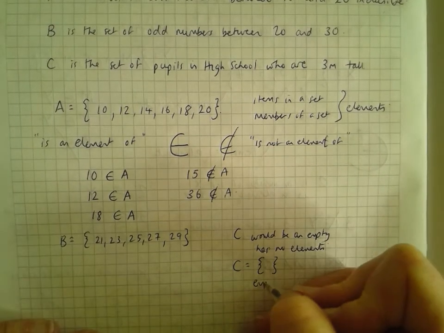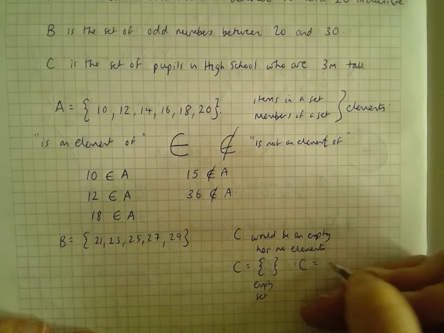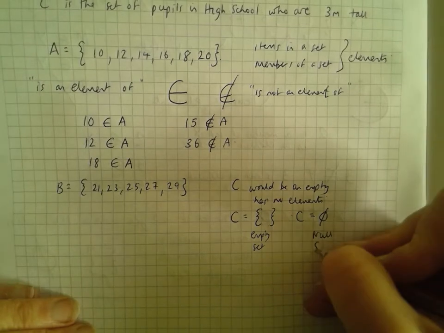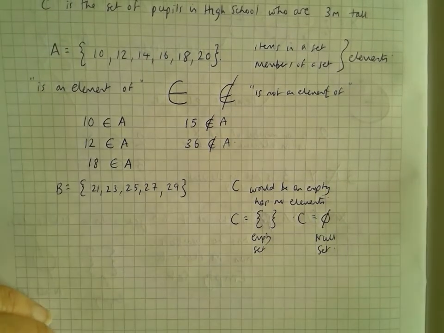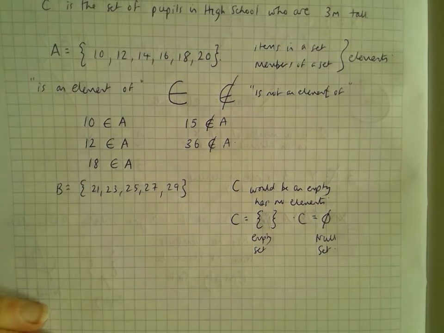Or in other words, we can say C equals the null set. That symbol there means null set. Null means null and void, not at all, there's nothing in it. So a set that has no elements is a null set or an empty set. So that's covered element, the brackets, empty set, null set, and not an element of.